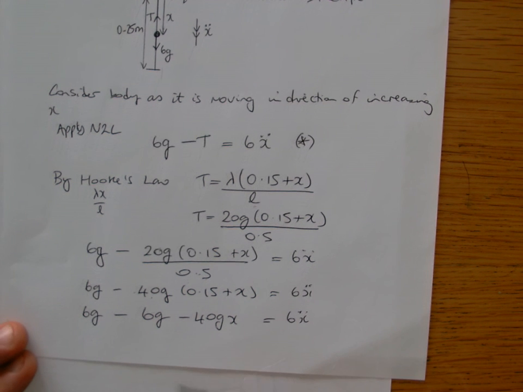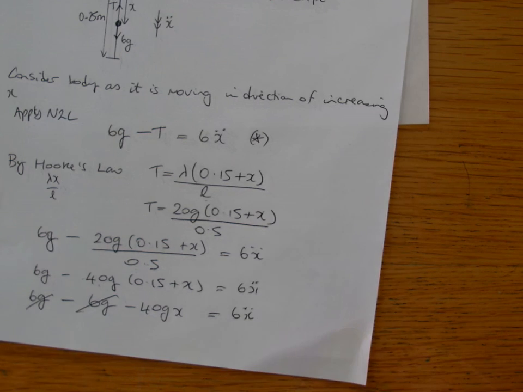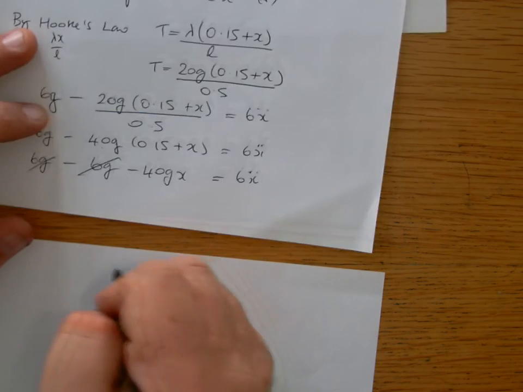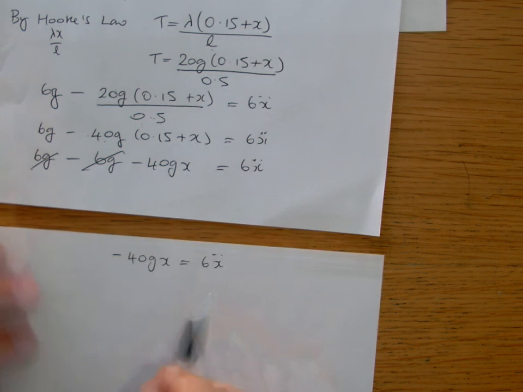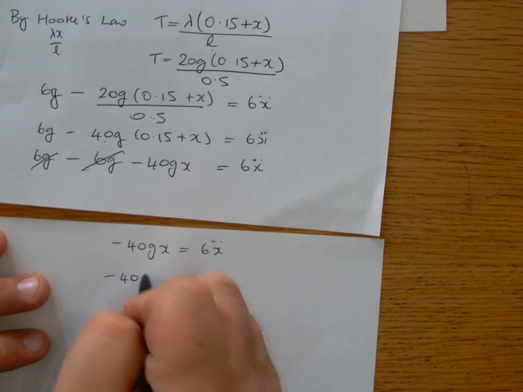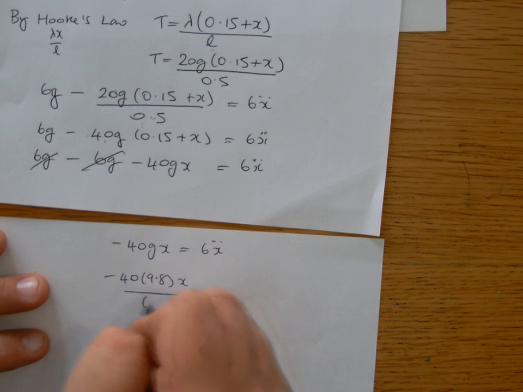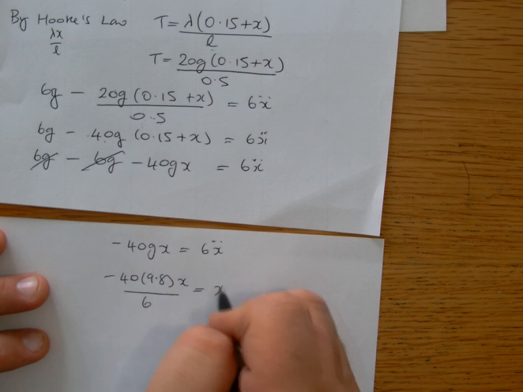Okay, so the 6g's cancel, which is quite nice. And we're left with minus 40gx equals 6x double dot. So we can then work this out. Minus 40g, with g as 9.8, and then divide by that 6, so take the 6 over, and that will equal x double dot.